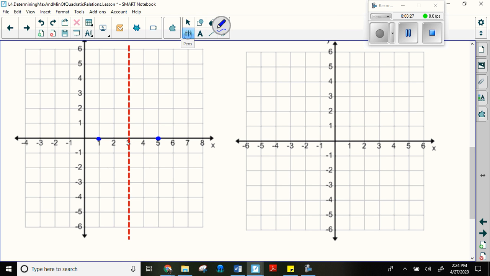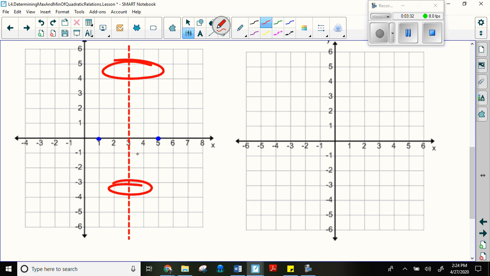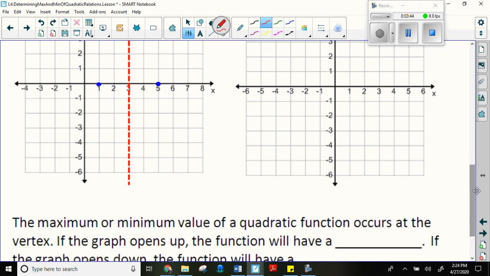We don't know if it's going to be up here, down here, or there, so we have to find that out, but we know it's going to fall somewhere on that line because parabolas are symmetric around their axis of symmetry. That's why it's called the axis of symmetry. So just by looking at this, we can say that it happens when x is 3, but we have to be able to show that mathematically as well.